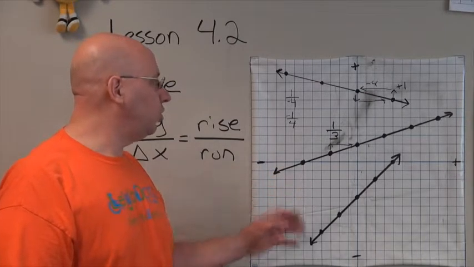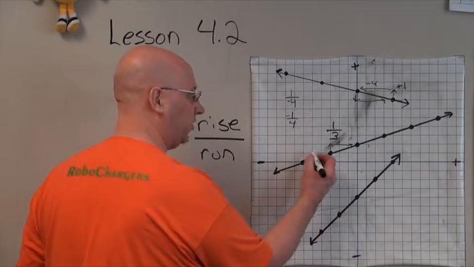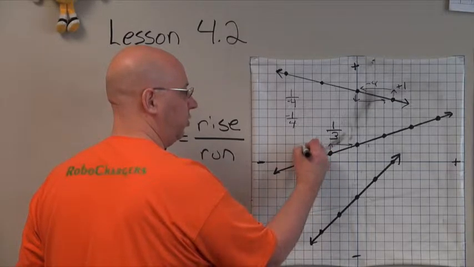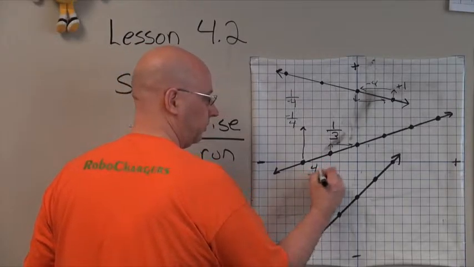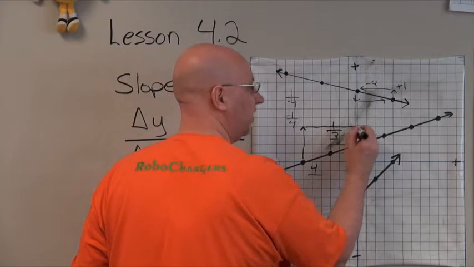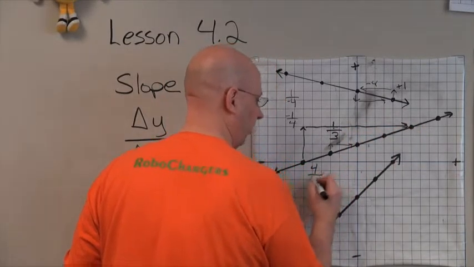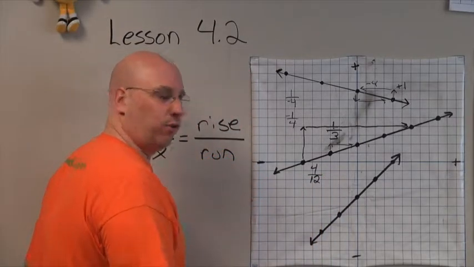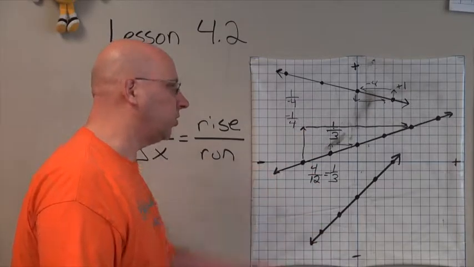Now, you could choose to go from this point up to this point if you want to. Watch, it still works. So I'm going to go up 1, 2, 3, 4. And I'm going to go to the right 1, 2, 3, 4, 5, 6, 7, 8, 9, 10, 11, 12. And what is 4 over 12 when it's reduced? 1/3. It works.